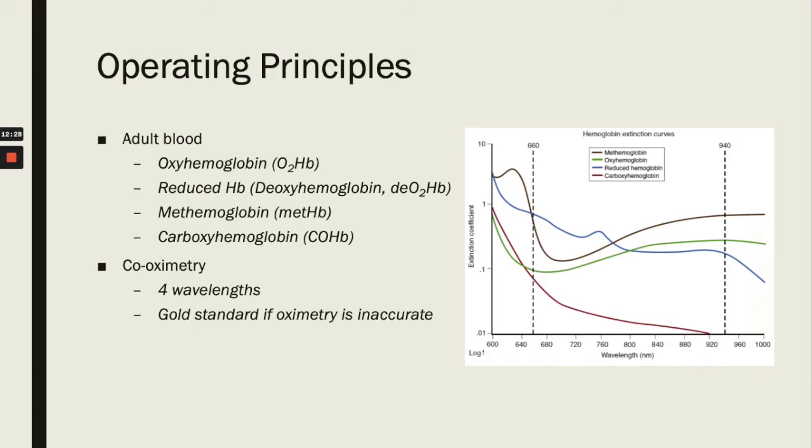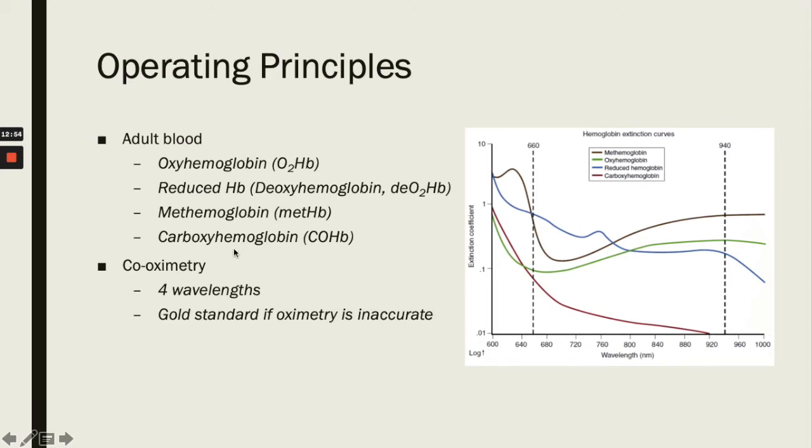At 940 nanometers, it doesn't absorb any light. Now, we also see that oxyhemoglobin and carboxyhemoglobin pretty much absorb red light at the same amount as well, and we'll talk about the significance of that later. But 660 is red light and 940 is infrared light.